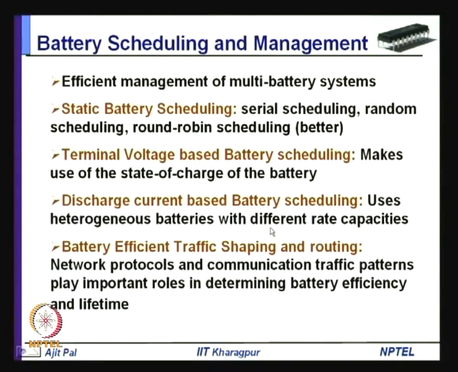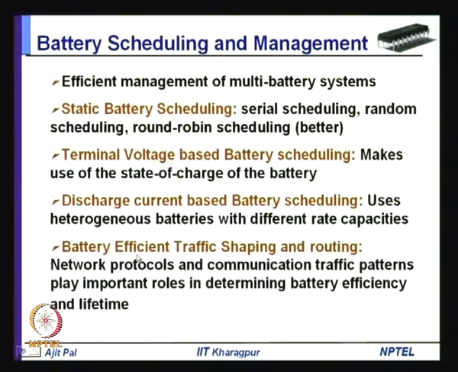That means you can have different batteries which can efficiently provide different amounts of current. Depending on the workload, you can select a particular battery which matches the discharge profile of that application. In this way you can have discharge current based battery scheduling, or battery efficient traffic shaping and routing.